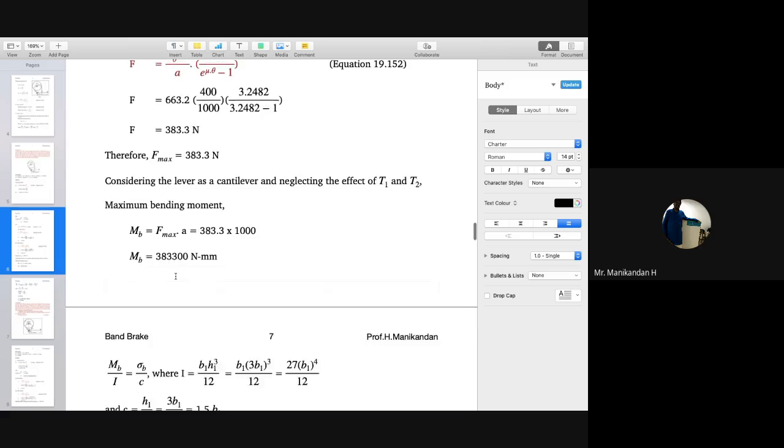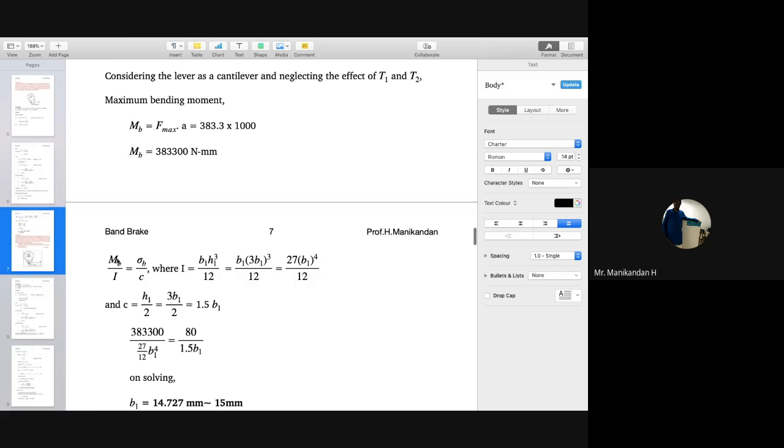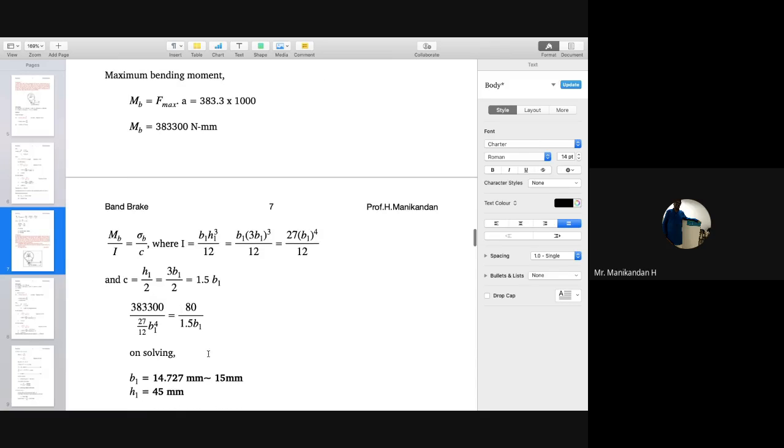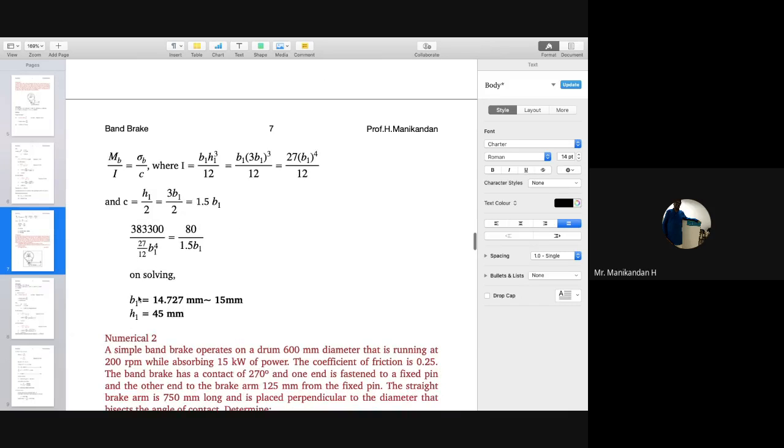Now use the bending equation, MB by I is equal to sigma by C. Here I is equal to BH cube by 12, but they told H is equal to 3B, so I substitute H as 3B whole cube, so 27 B1 to the power 4 by 12. Again C is equal to H by 2, or 3 into B1 by 2, since H is equal to 3B, that is 1.5 B1. Now substitute this in the equation: 383 divided by 27 by 12 B1 power 4 is equal to 80 divided by 1.5 B1. Simplify it. I got B1 equal to 15 mm and H1 equal to 45 mm.